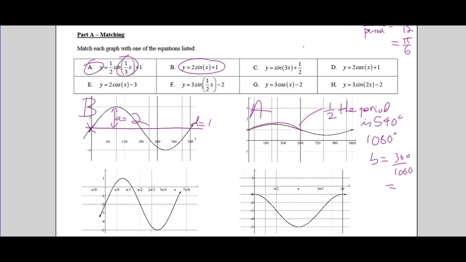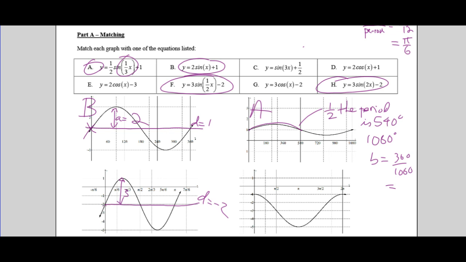That's B. Okay, here we have a D value of -2. We have an A value of how much? 3. So it's this one. Oh, wait, could be this one.